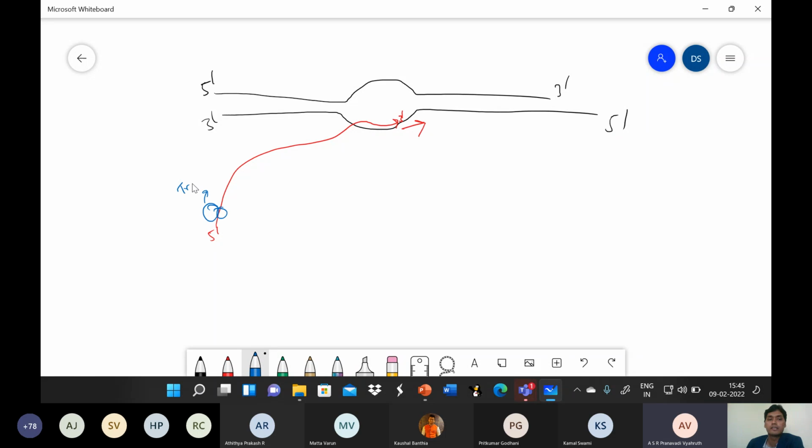This is translation, happening together in E. coli, as I told you.